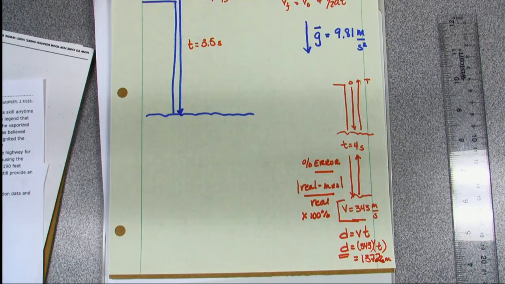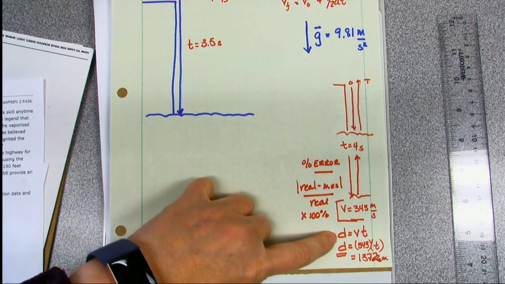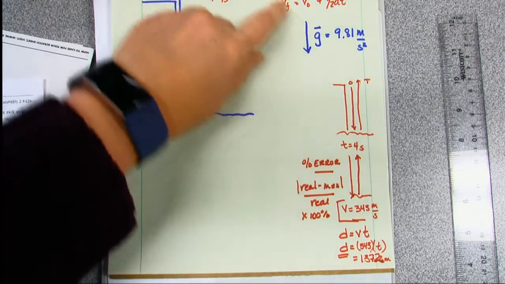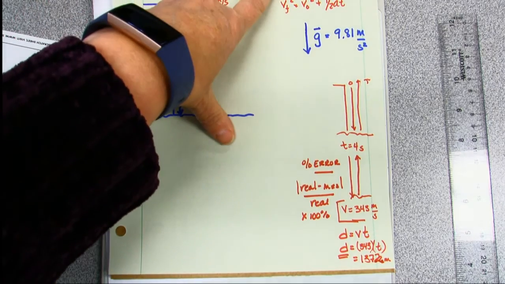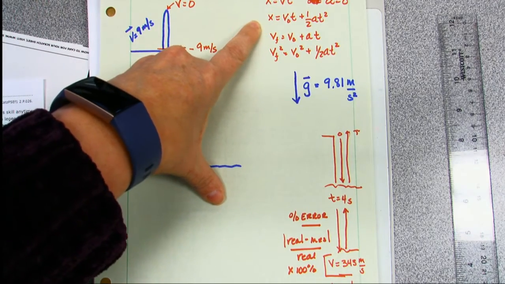Now, I don't know if your problem actually gave you a speed of sound, or you want to use 331, which assumes a cold, dry day, but basically you've calculated distance using this value, and you've calculated distance using that equation. And you're comparing the two.